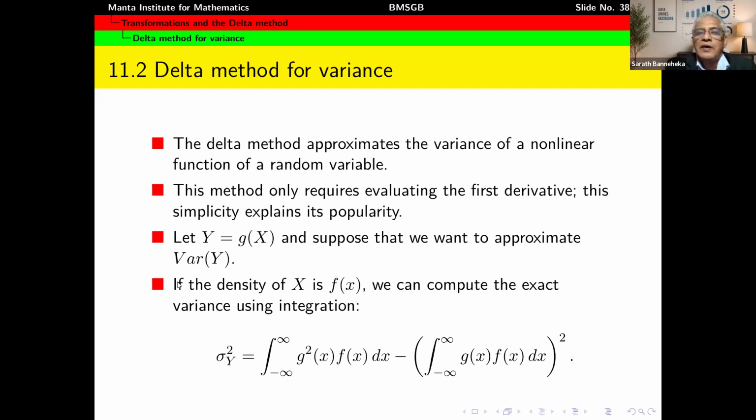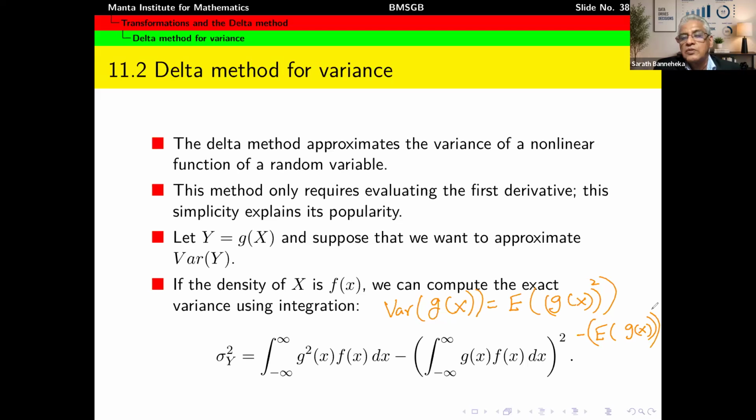What will be the expression that you have to simplify, if possible, to get the variance? Let me write it down here. We know that the variance of g(X) is equal to the expected value of (g(X)) squared, minus the expected value of g(X), whole thing squared.